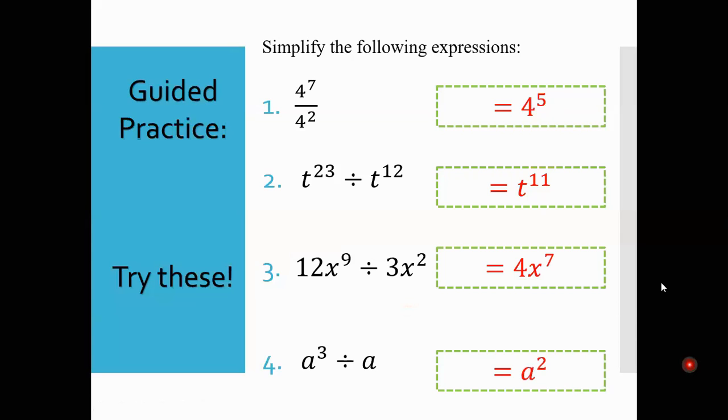Our answer is a to the power of 2. So remember, the single letter a, even though you don't see an exponent there, the exponent there is always 1. So it'll be a to the power of 3, take away 1, and our final answer will be a to the power of 2.